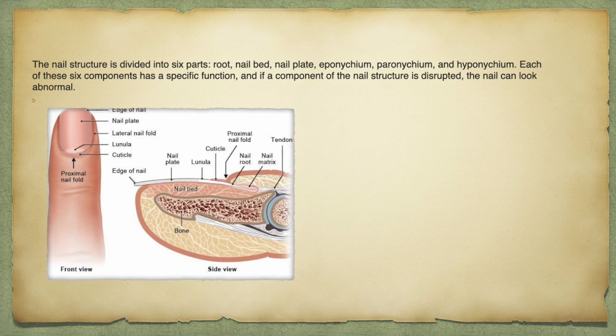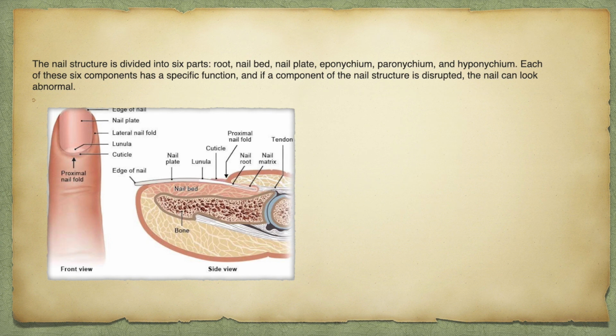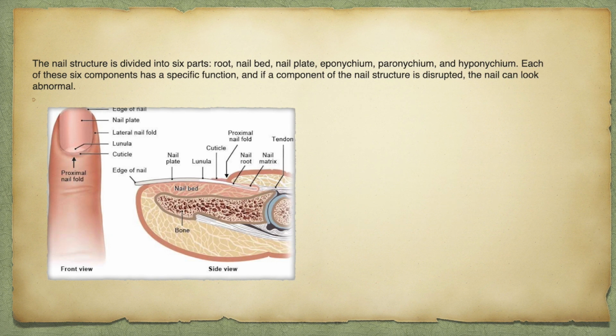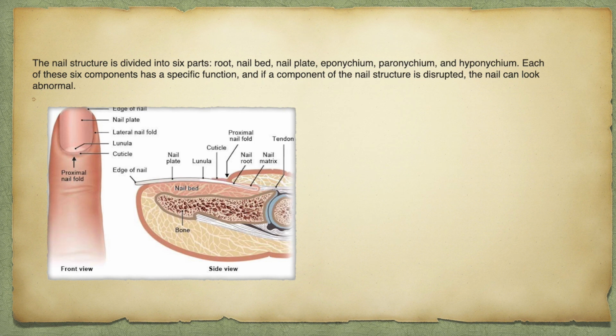As the root grows, the nail streams down along the nail bed and adds material to the underside of the nail, making it thicker. When the nail grows properly, the nail bed is smooth. But if the nail doesn't grow correctly, the nail may split or develop ridges that aren't cosmetically attractive.